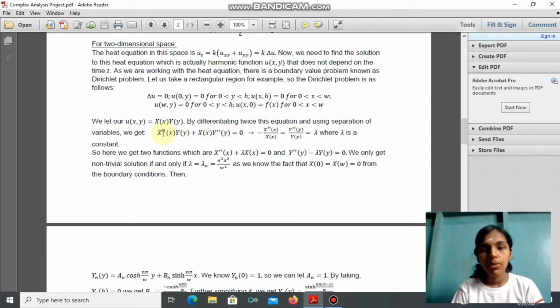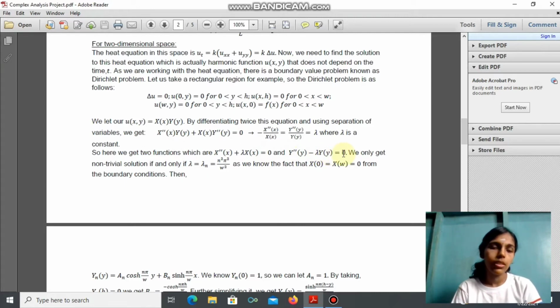By using the separation of variables technique, we get negative X''(x) divided by X(x) is equal to Y''(y) divided by Y(y), and we let these two equal lambda, where lambda is a constant. By this step, we get two equations, which are X'' plus lambda X equals 0 and Y'' minus lambda Y is equal to 0.